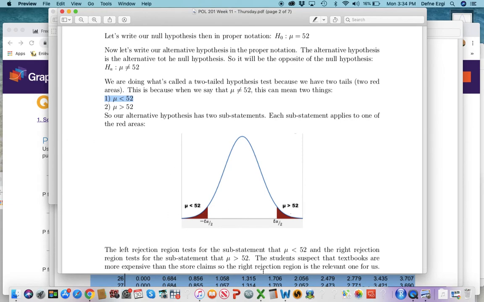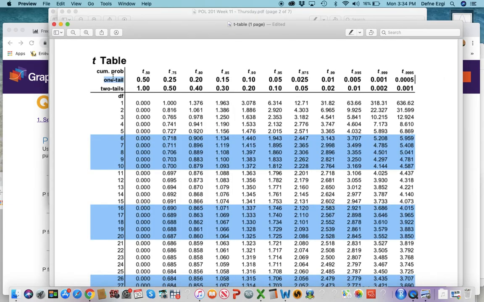So what I'm doing is taking the P over 2 value I get from the second row, and that was between 0.05 and 0.025, doubling it, meaning I am accounting for both of the substatements in my alternative hypothesis. And this is what gives me my p-value.